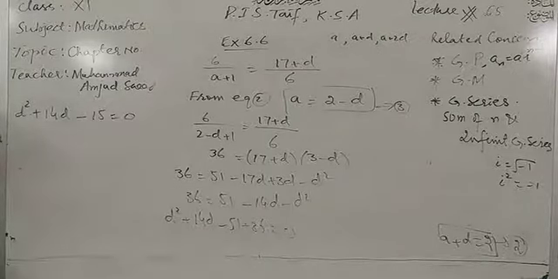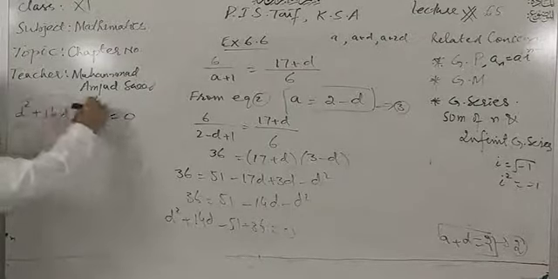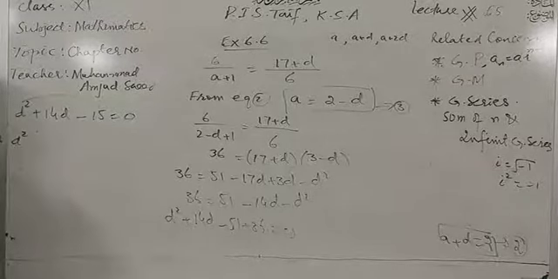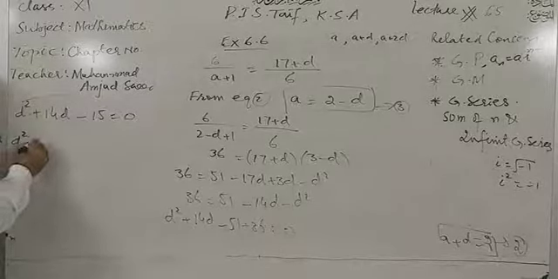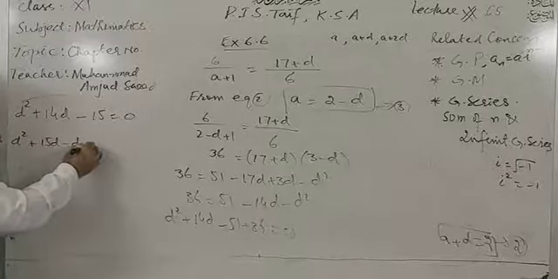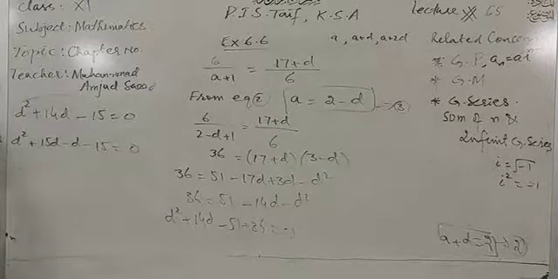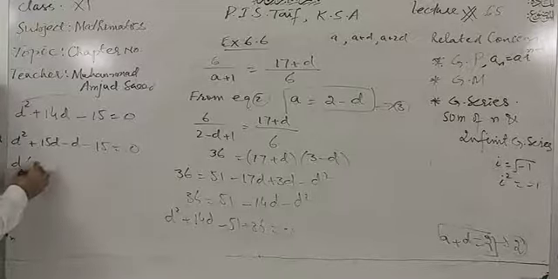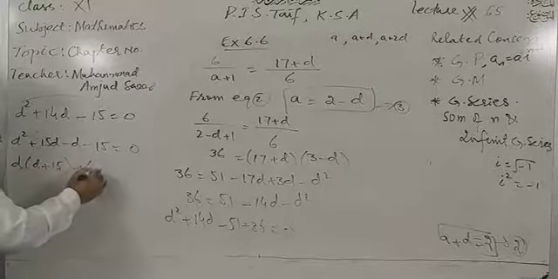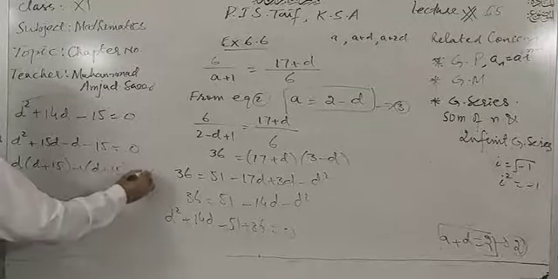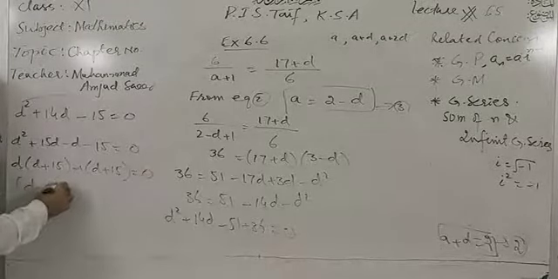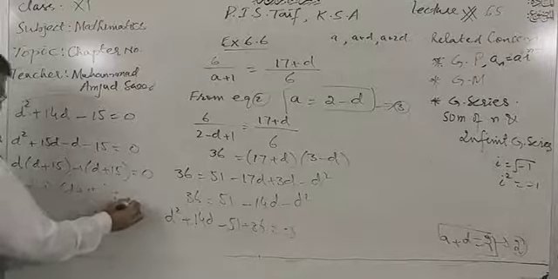Now you can make the pairs, first and last, 1 by 15. So D squared plus 15D minus D minus 15 is equal to 0. 15D minus D is 14D, and after multiplying you will get minus 15. So D common, D plus 15, minus 1 common, D plus 15 is equal to 0. D minus 1 into D plus 15 is equal to 0.